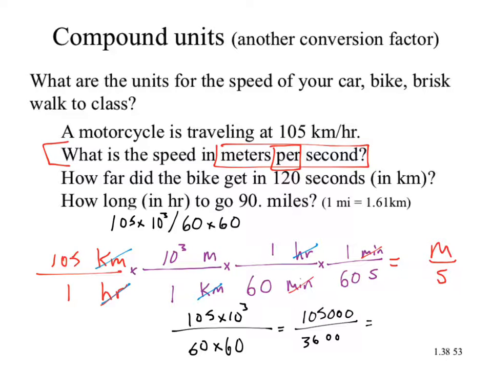If you want to run it as one line, that's fine. You just have to include parentheses to let the calculator know that both of those 60s are in the denominator. Or you do it my way, where you multiply the top, multiply the bottom, get a number, and do the division.